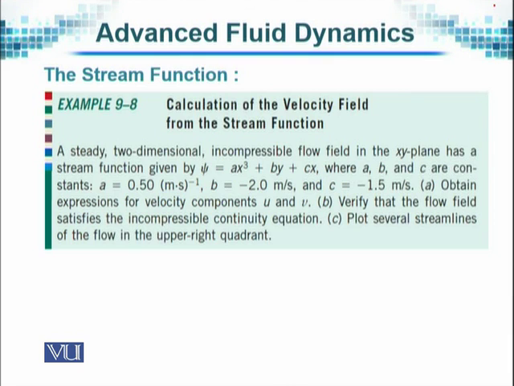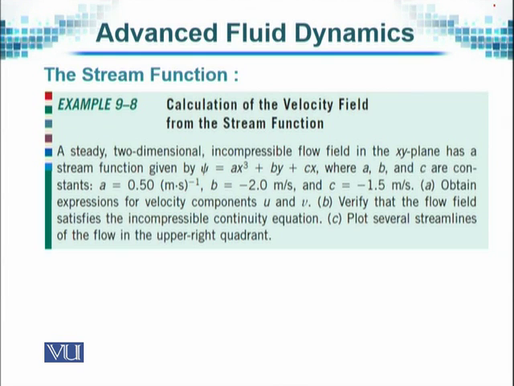The constants are such that a is equal to half meters per second, b is minus 2 meters per second, and c is minus 3/2 meters per second. We are required to obtain expressions for velocity components u and v.